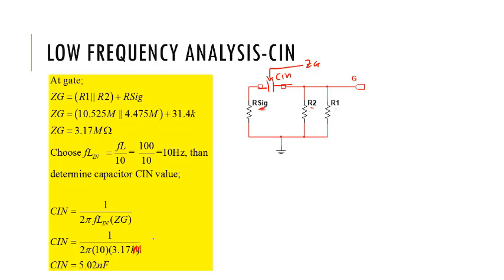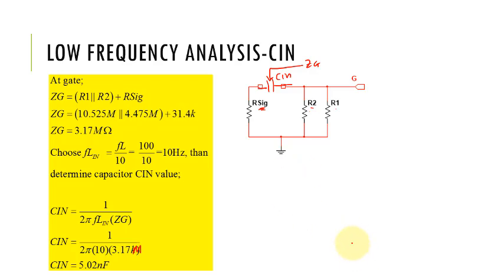So our capacitor value should be 2 times pi times 10 times 3 point something. Firstly, we check: something like mega ohm in parallel with 4.475 mega ohm, then we add 81.4 kilo, so we get 7 mega ohm.